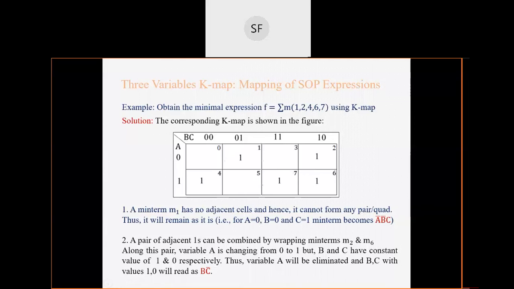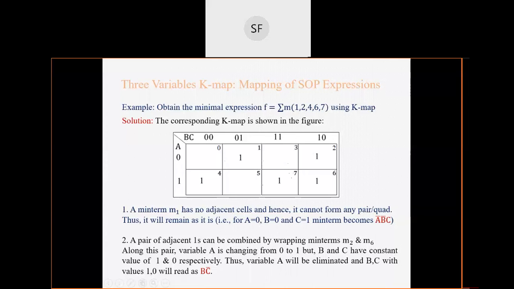Then is a quad possible? A quad is nothing but 4 adjacent cells that all have 1. Now you might say, sir, here there are 4, 1 2 3 4, but you need them adjacent, there should not be any gap.